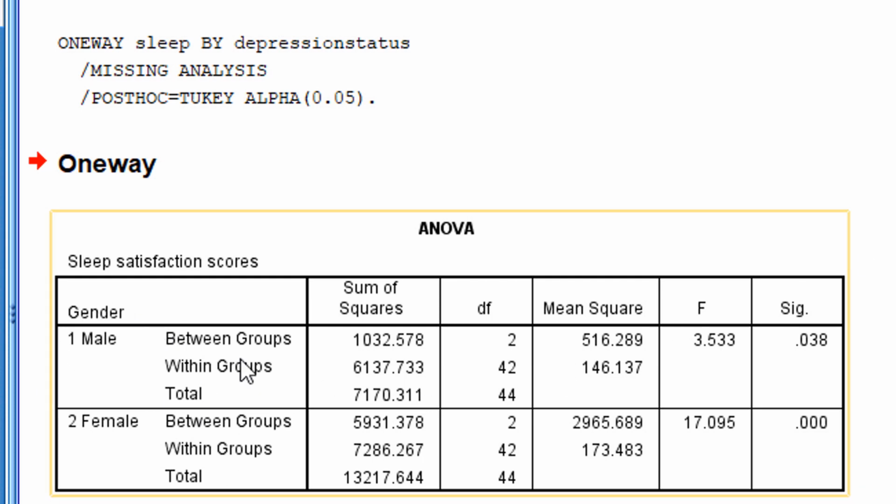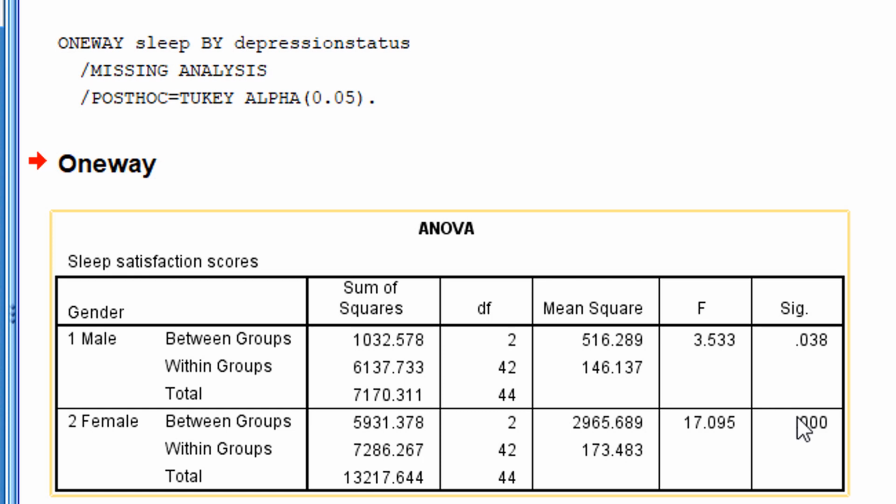So you can see for males the value should be less than 0.025. For males this is insignificant. Again, it should have been less than 0.025, because by doing this we get 0.025.